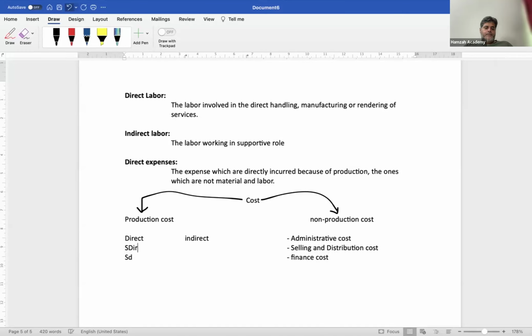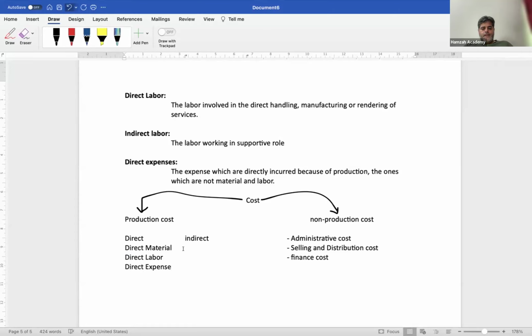Direct cost is direct material, we have direct labor, and then after the direct labor, we have direct expenses as well.